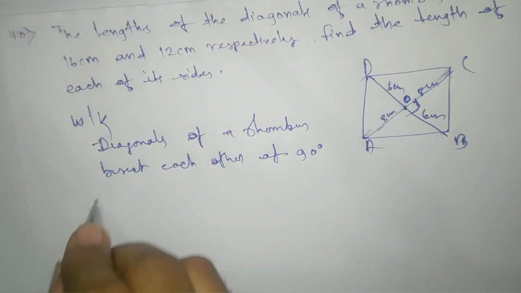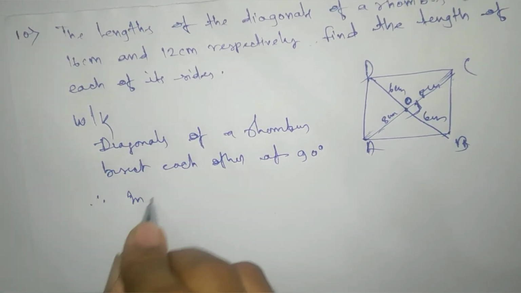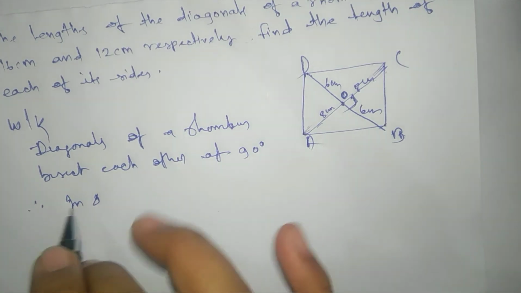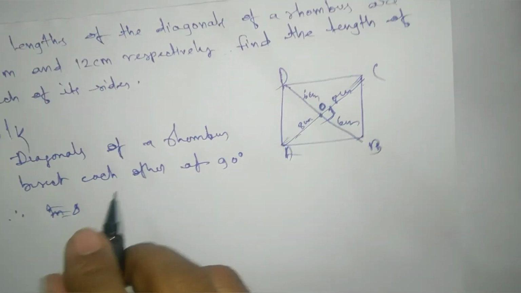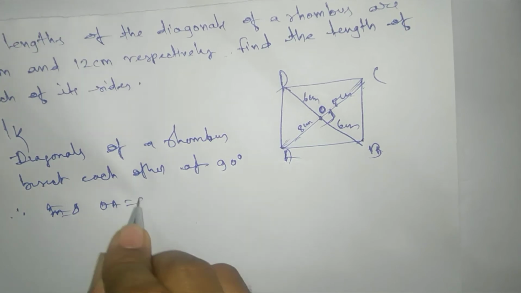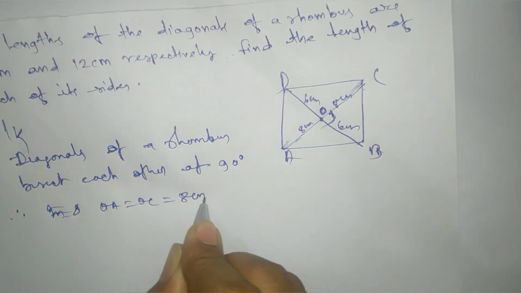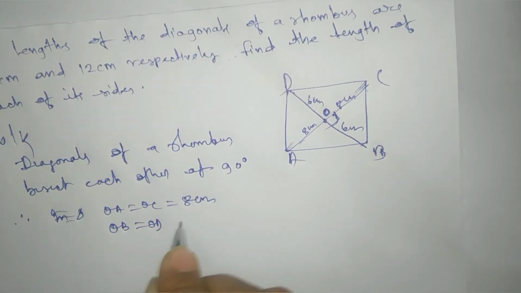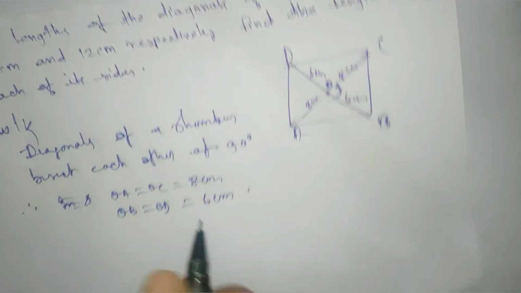So therefore we can say that OA equals OC equals 8 centimeter, and the second one, OB equals OD equals 6 centimeter. Now we're going to take a triangle, any one of them.